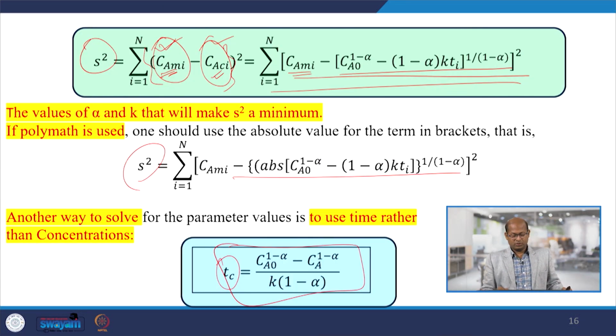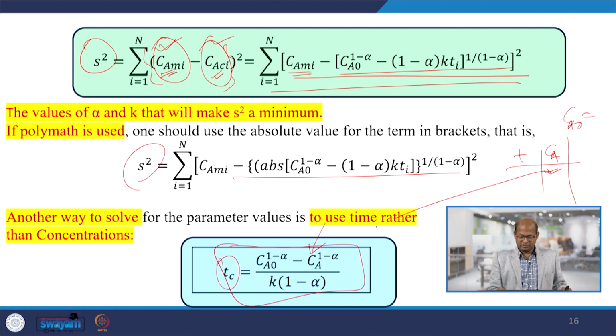So, if we put different concentrations, since we have the t and CA values, and CA naught is known, we put these values here. With the guessed alpha and k values we can get the calculated time Tc, and this is the experimental t.